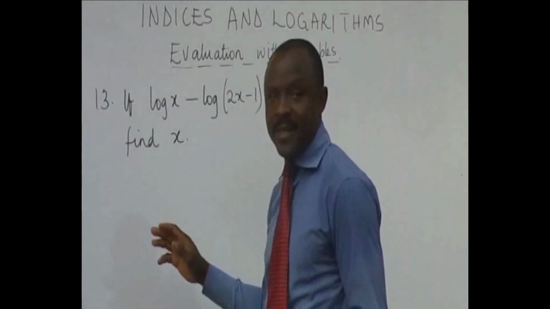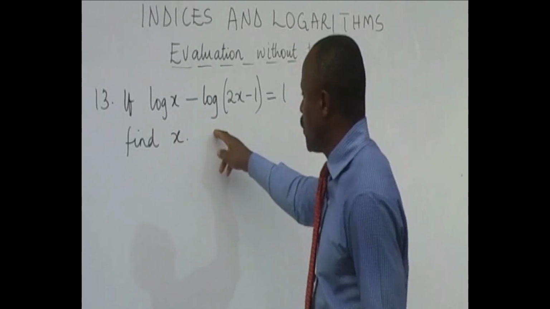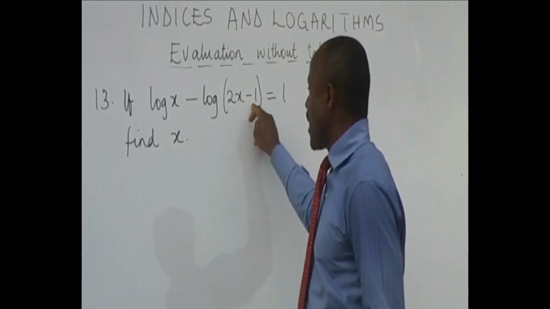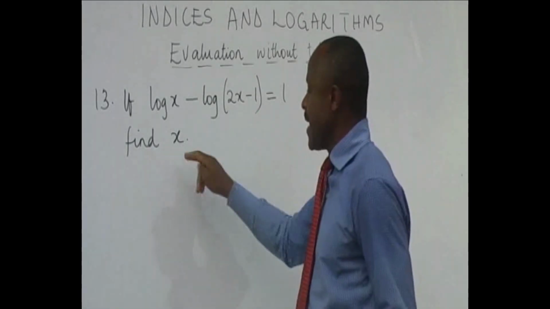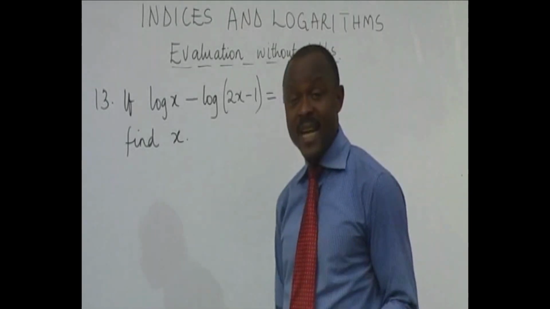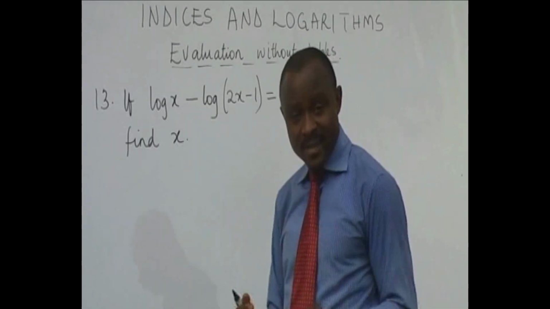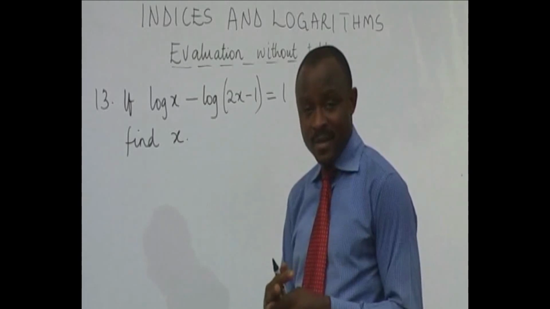Question number 13 says, if log x minus log of (2x minus 1) is equal to 1, find x. Don't worry, they will keep on giving us the assignment to find x.